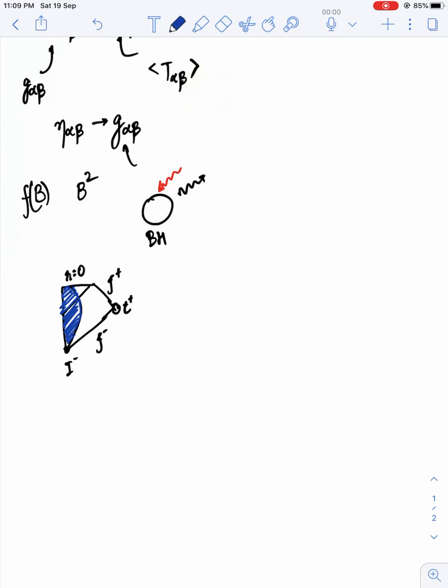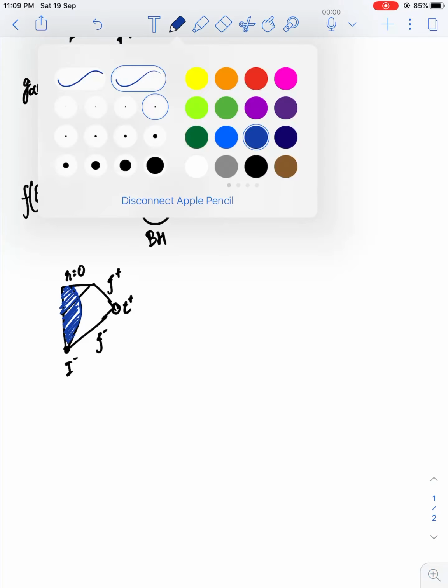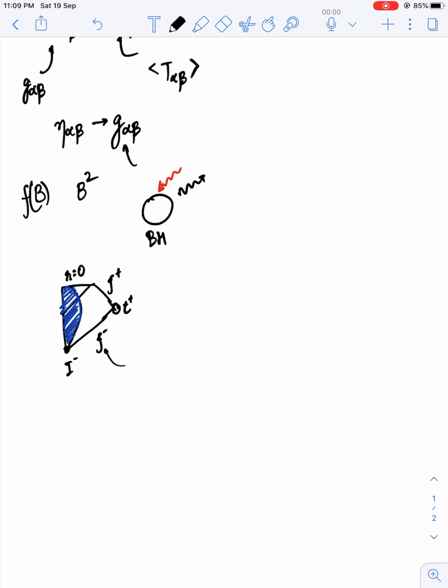He takes two observers, one at I minus and one at I plus, and he is going to do the calculation for the simplest field, a massless spin zero field. So there the field equation is simply given, now depending on the observer.